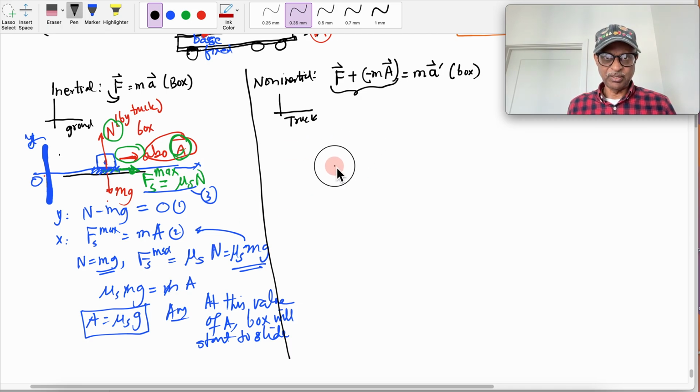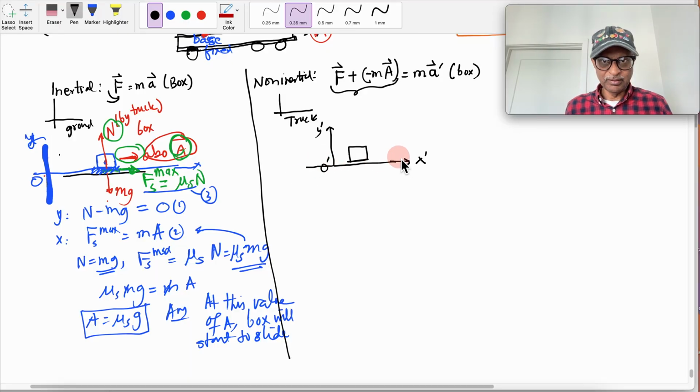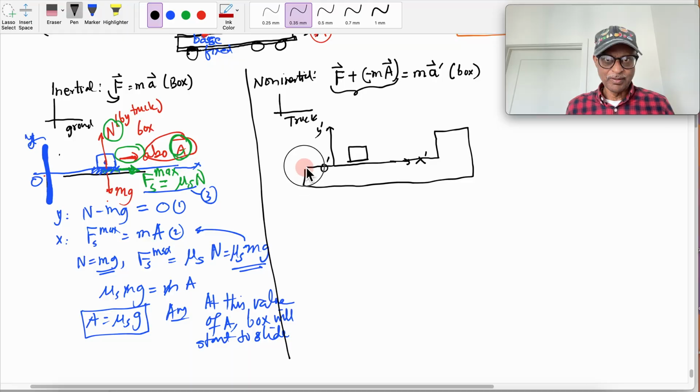So here's a truck, and this is the Y, and you have X, and we just make it prime so that we are dealing with a different frame.